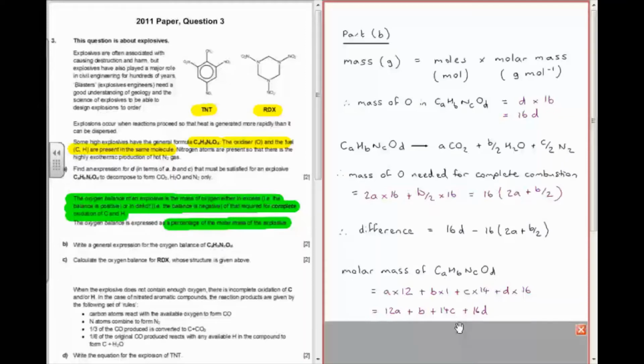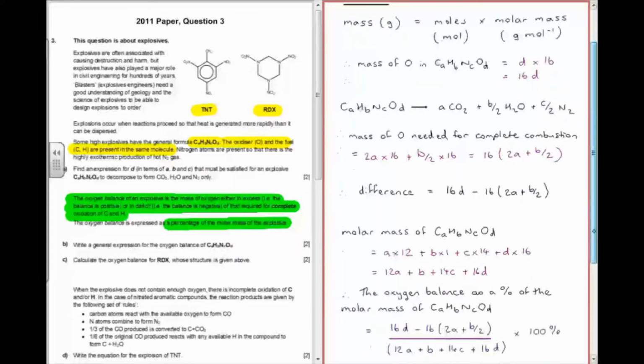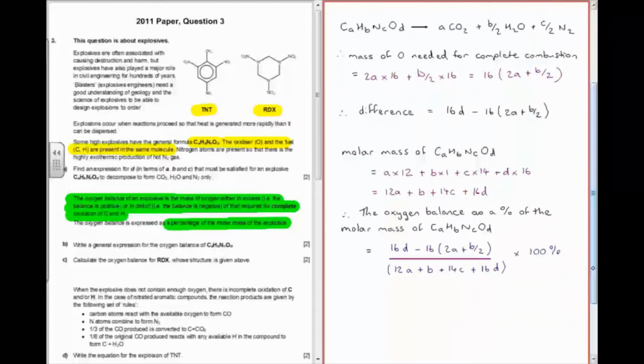Therefore, if we want to calculate the oxygen balance of our explosive, we simply need to divide the difference between the values by the molar mass of our explosive, and then remember to times by 100%. If we do this, we end up with an equation that looks as shown there in purple.